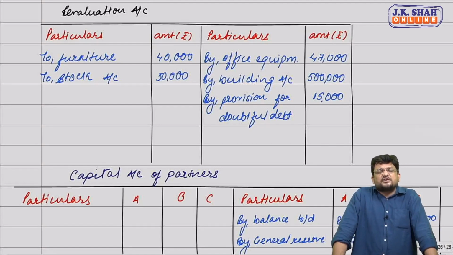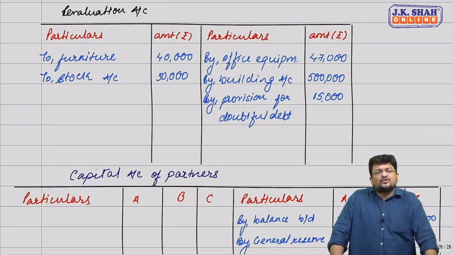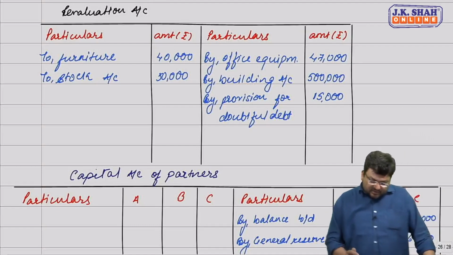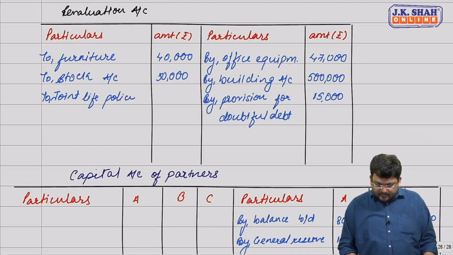So we need to show it at 1,50,000. So we are supposed to reduce its value by 10,000. And to reduce its value, entry will be revaluation account debit to joint life policy 10,000.